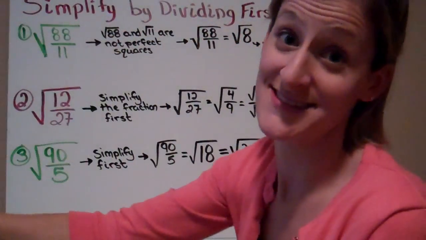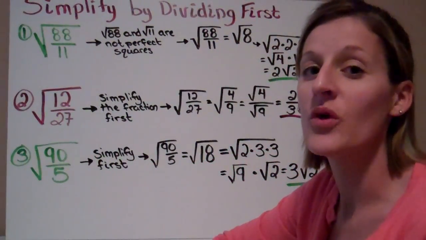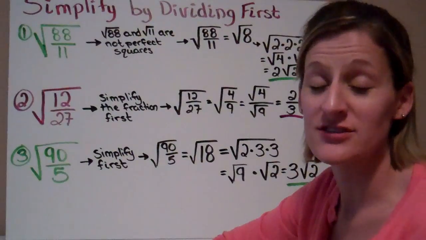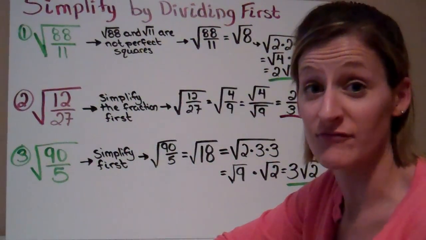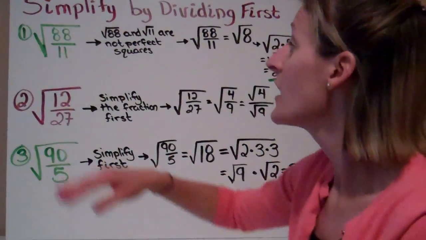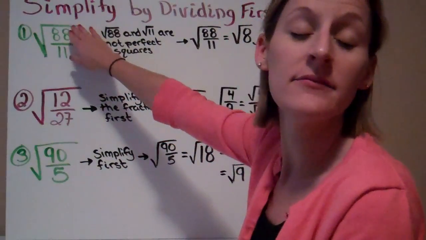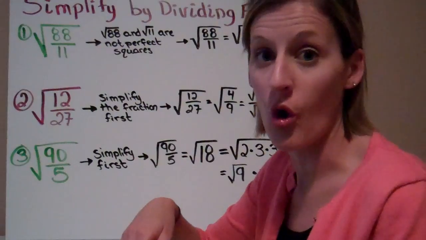Alright, one last thing. Now when I talked about you couldn't have any fractions, when you're doing this as your radical or your radicand, basically this is how we're going to have to do it in order to get those radicals out. Now, if I look at number 1, 88 over 11, okay, I need to simplify it, and then you take the square root of the whole thing.